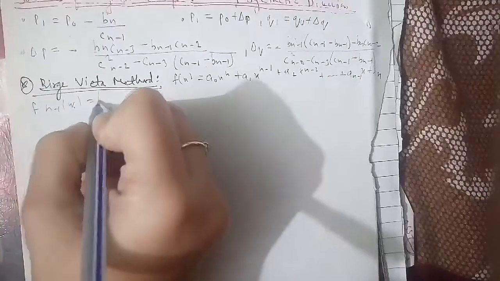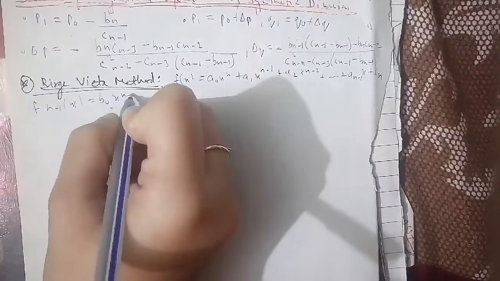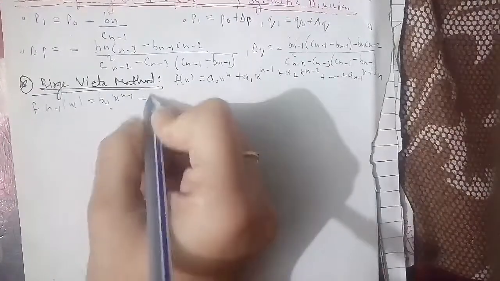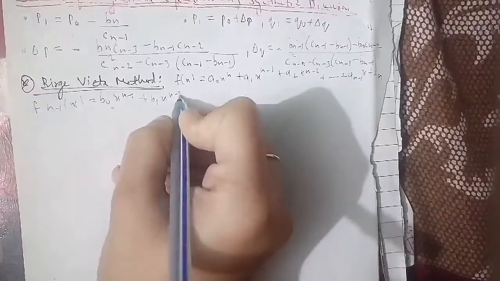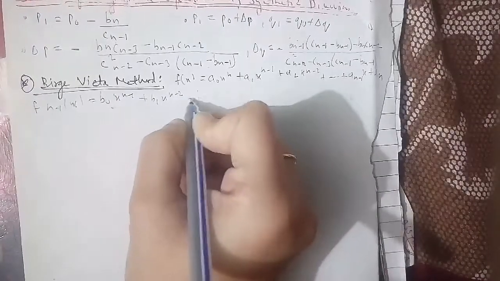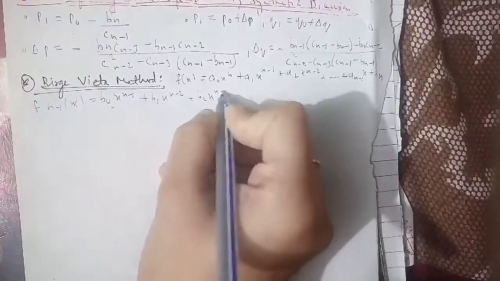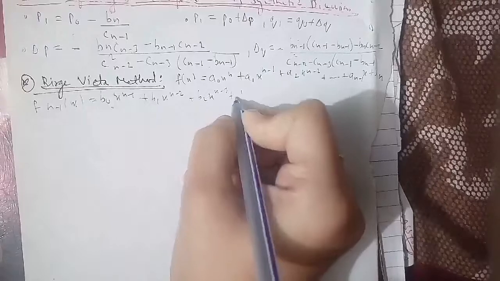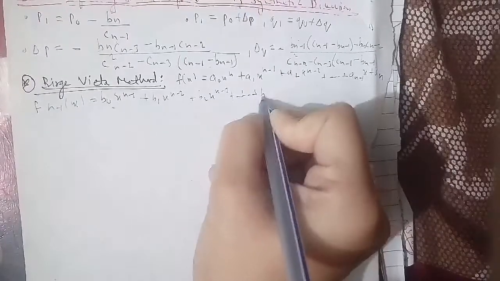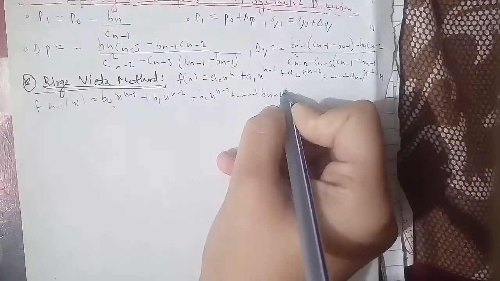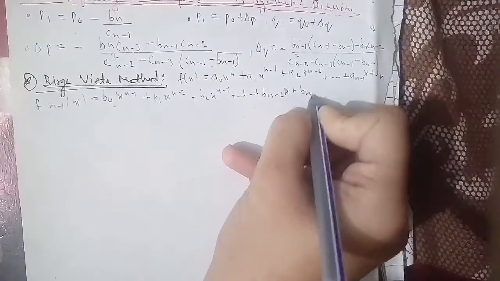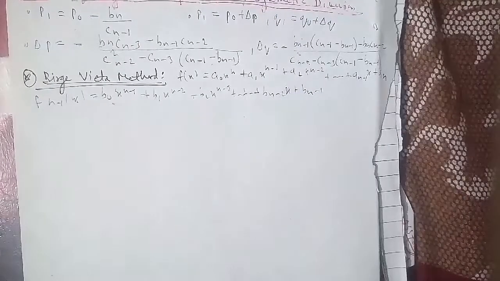So the next real root is obtained using the deflated polynomial, and the synthetic division gives b0, b1, b2 till b(n-1) as well. So we make a table for it, and that is the synthetic division table that we made here.